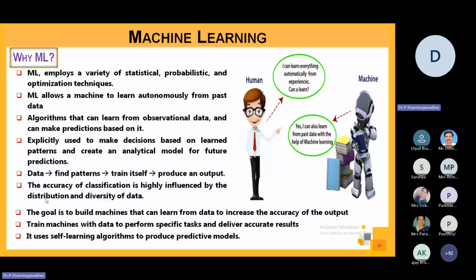That is another measure that we can use for evaluating. So you can use accuracy and the loss to see how well the model is working. The accuracy of classification is highly influenced by the distribution and diversity of data. The goal is to build machines that can learn from the data and to increase the accuracy of the output.